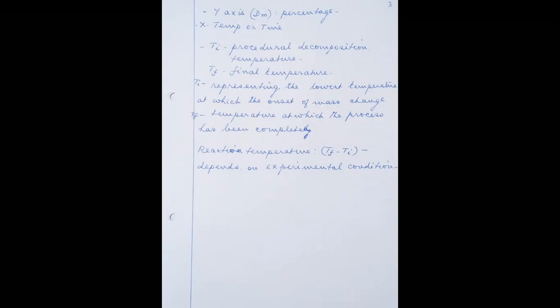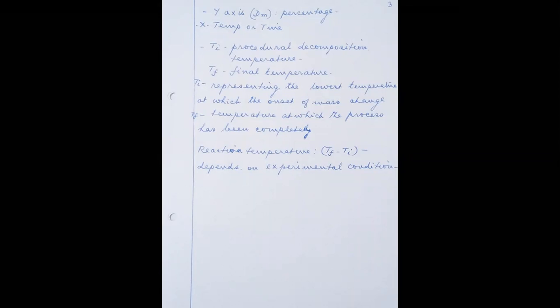Ti represents the lowest temperature at which the onset of mass change is observed, and Tf is the temperature at which the process has been completed, and the reaction temperature is Tf minus Ti. It is that range where actually the reaction is taking place. So this reaction temperature depends upon the experimental conditions.